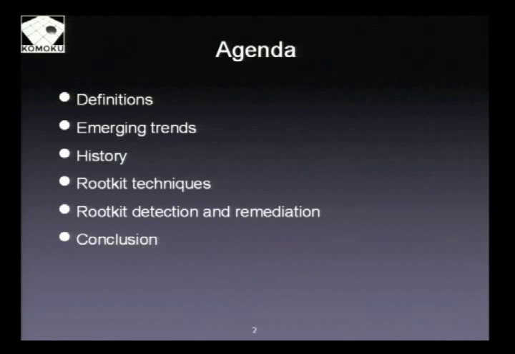Jamie's going to talk about some of the different rootkit techniques that are out there, just at an overview level. We'll talk about detection and remediation, again at a high level, some of the problems that you have with both, and then we'll finish it up and, of course, take questions.